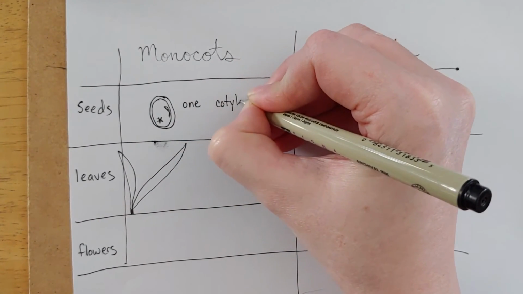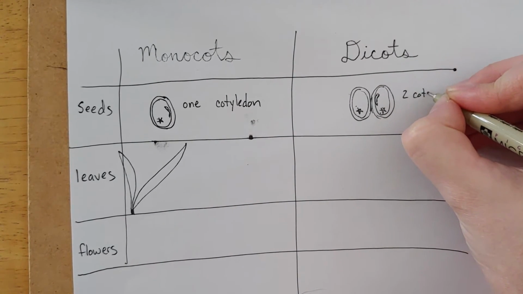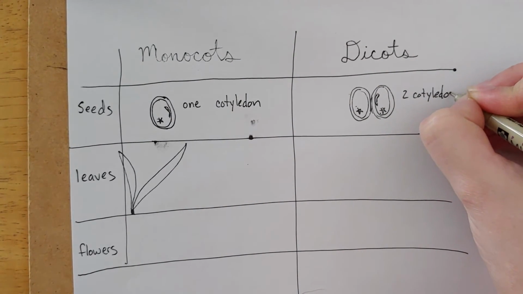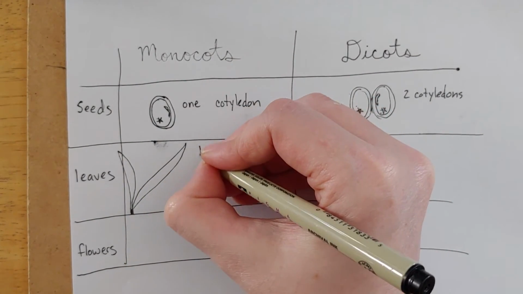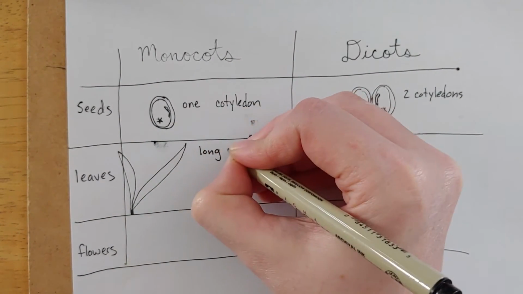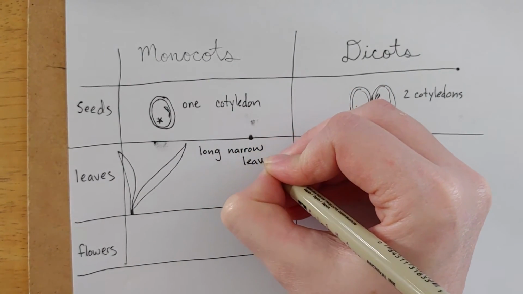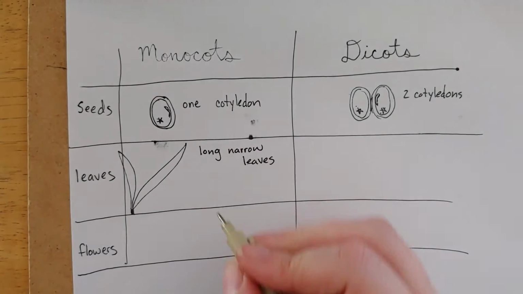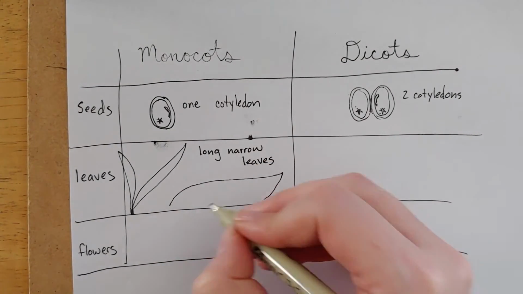One cotyledon, two cotyledon. Okay. All right, back to the leaves. So we have long, narrow leaves.